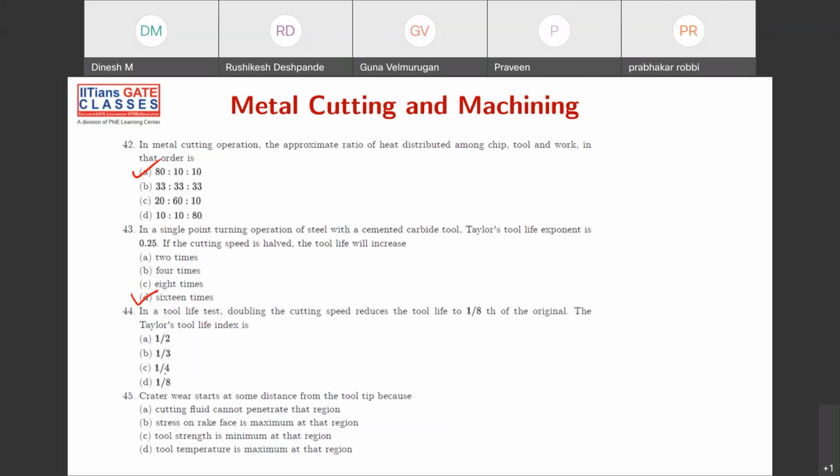Yes, Rishikesh, you are right. Answer is 1 by 3. Please do this question. It's 1 by 3.